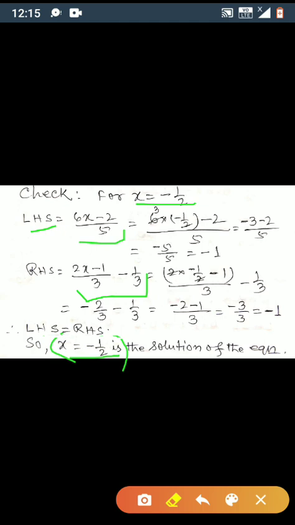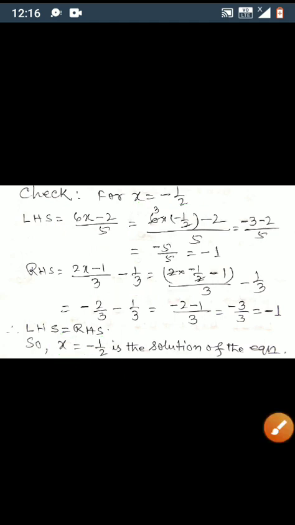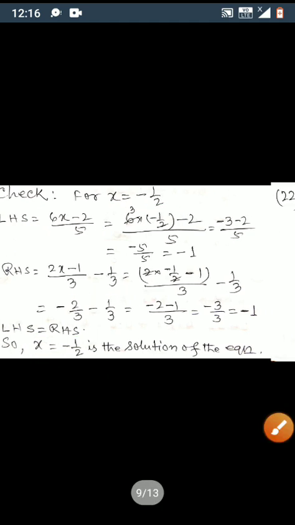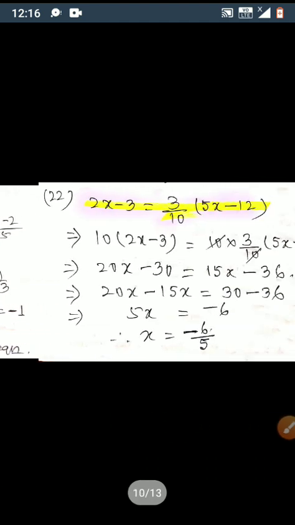So it can be written as 2 multiplied by minus 1 by 2 minus 1 by 3 minus 1 by 3. 2 1s are 2, equal to minus 1 minus 1 minus 2 by 3 minus 1 by 3. It can be written as minus 2 minus 1 by 3 equal to minus 3 by 3, that is minus 1. So therefore LHS equal to RHS.